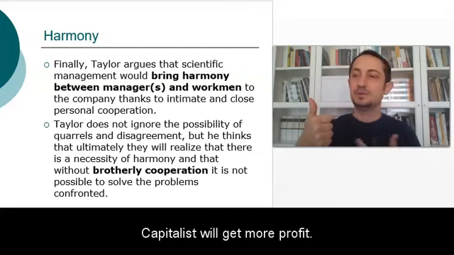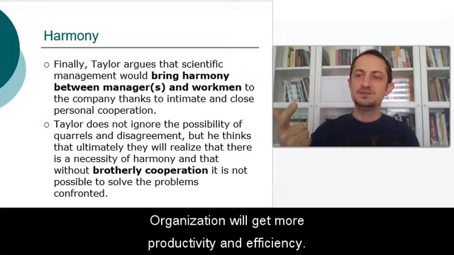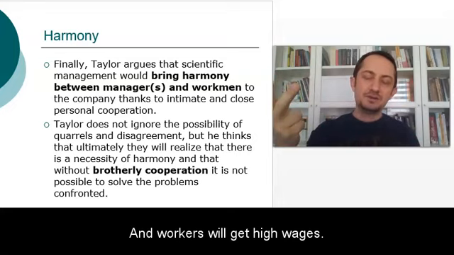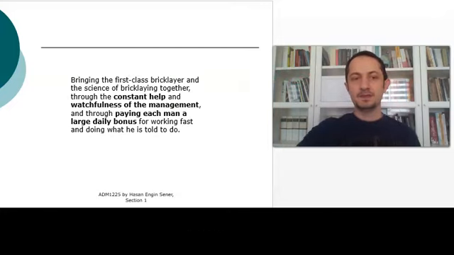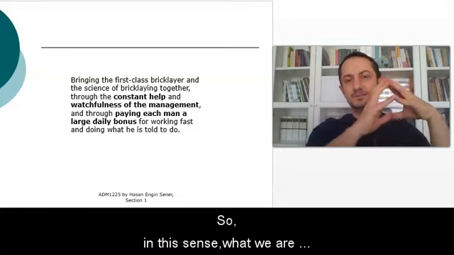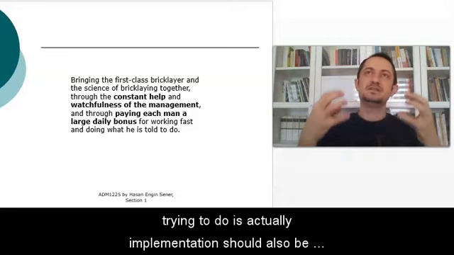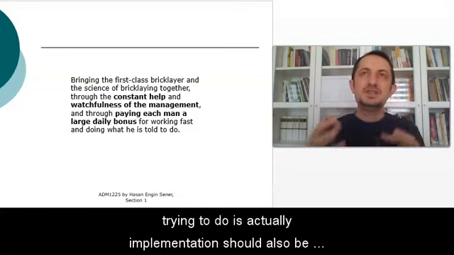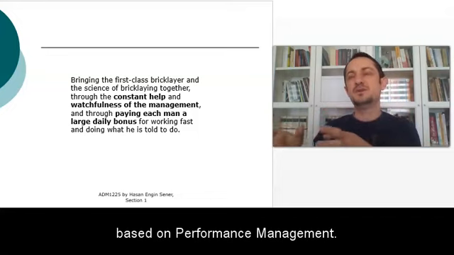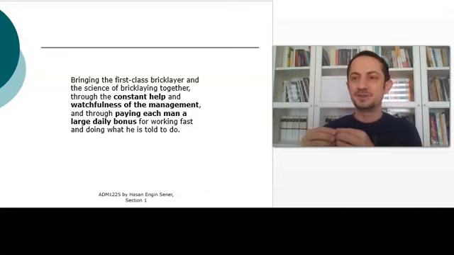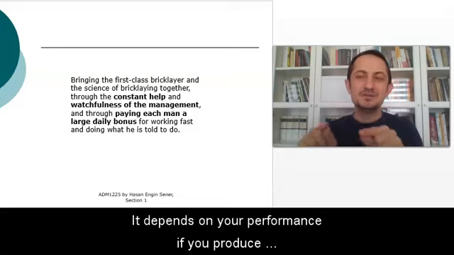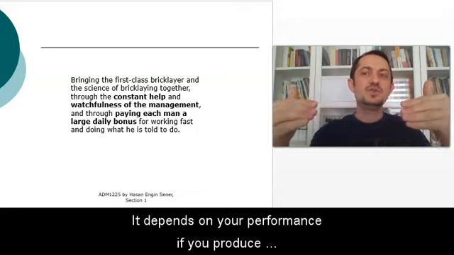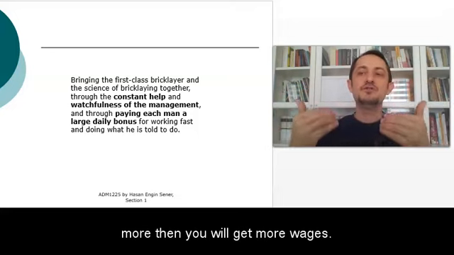Capitalists will get more profit, the organization will get more productivity and efficiency, and workers will get high wages. So implementation should also be based on performance management. It is performance based. If you produce more, then you will get more wages.